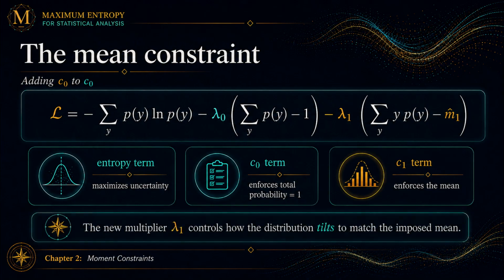And of course, this new lambda 1 is a new unknown in our distribution, and we will go solve that. This new Lagrange multiplier, lambda 1, is controlling how important the mean constraint is on the overall distribution.